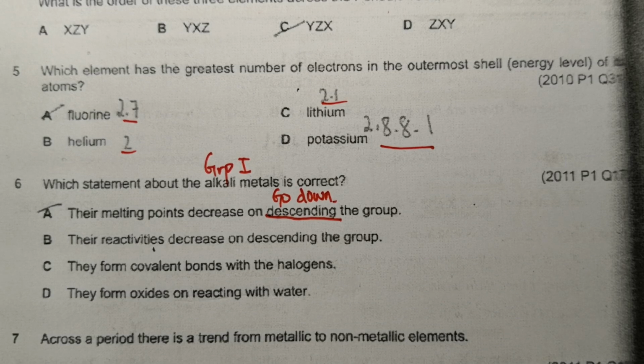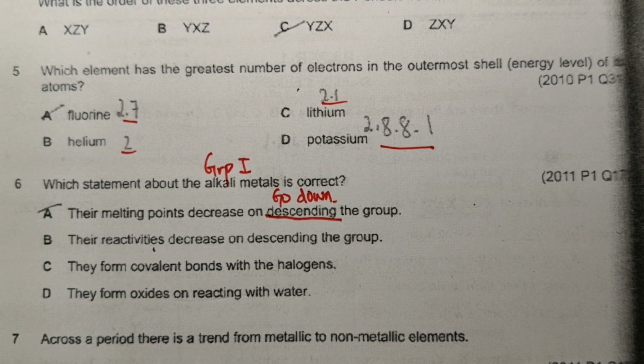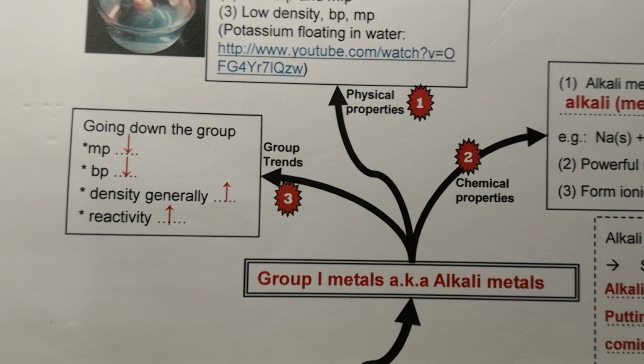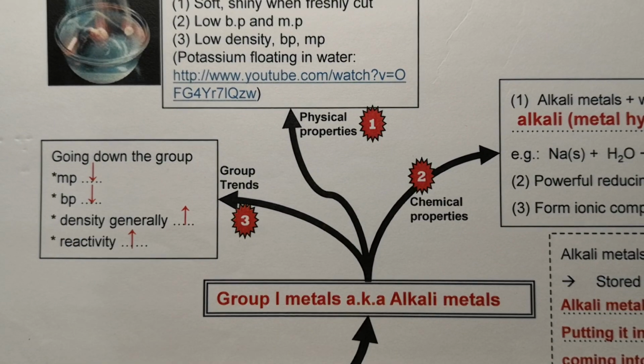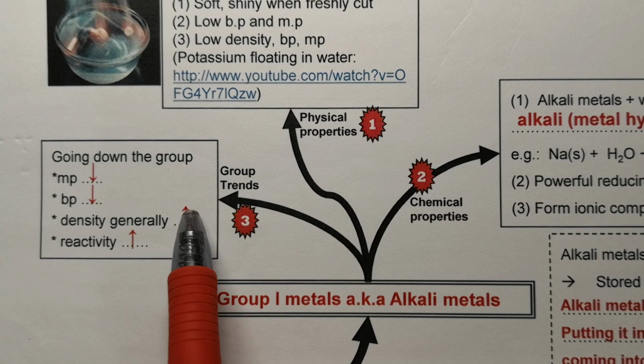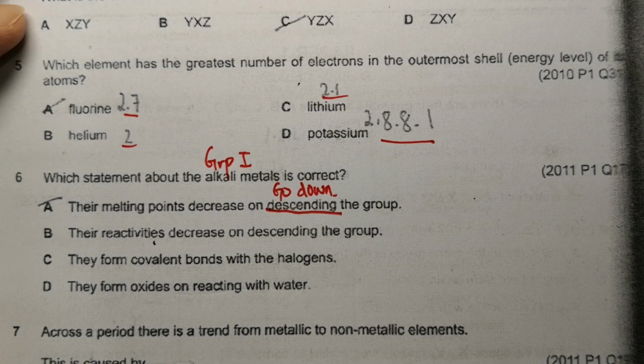So this one is about the trends of the group 1 metals. If you look at the mind map, the trends are clearly written here. If you look at the alkali metals, going down the group, melting and boiling point decreases, density generally increases, reactivity increases. So these are the trends.